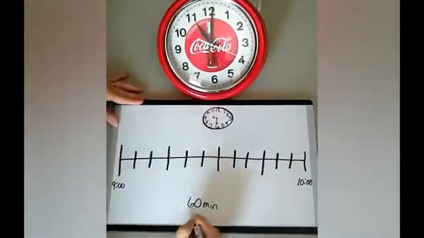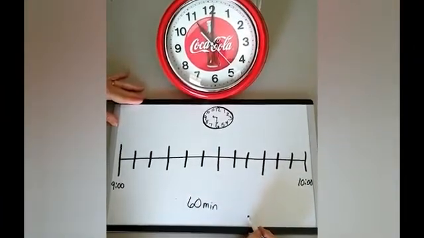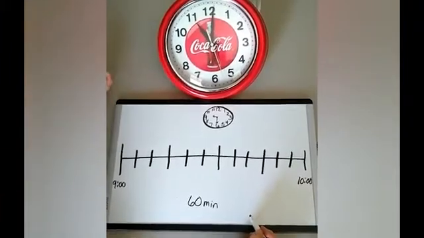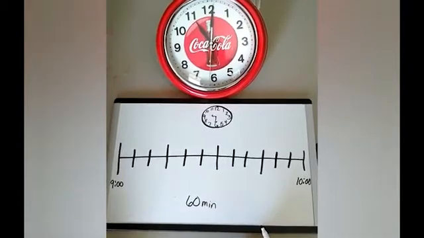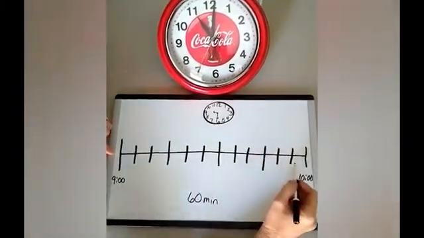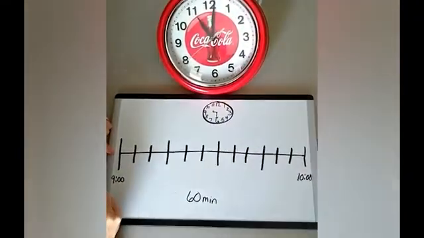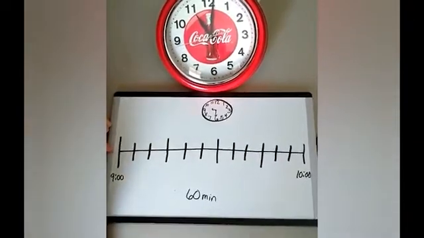Oh, I have 12 spaces. When I look at my clock, I also have 12 numbers. So I'm wondering if these 12 spaces equal these 12 numbers on my clock. I'm going to give that a try.